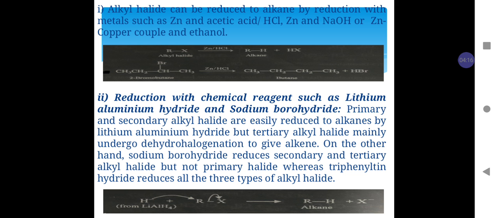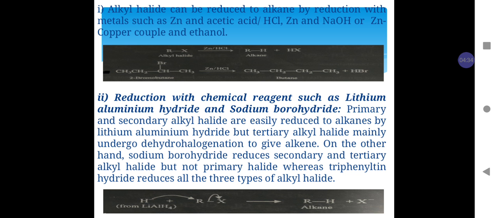But if we try to reduce tertiary alkyl halide like tertiary butyl chloride, then it will undergo dehydrohalogenation to form corresponding alkene.